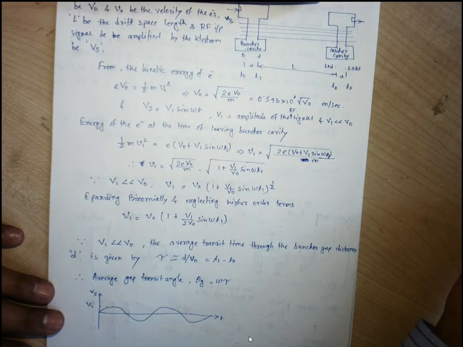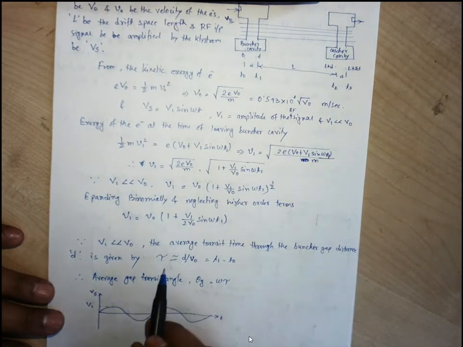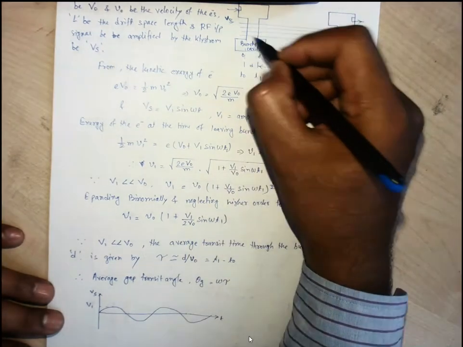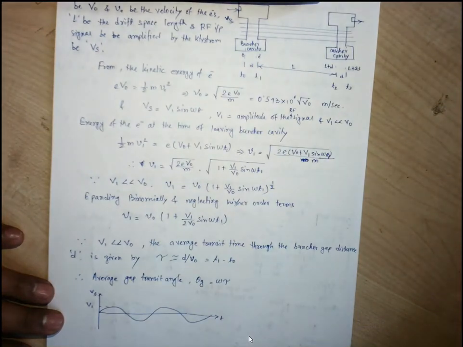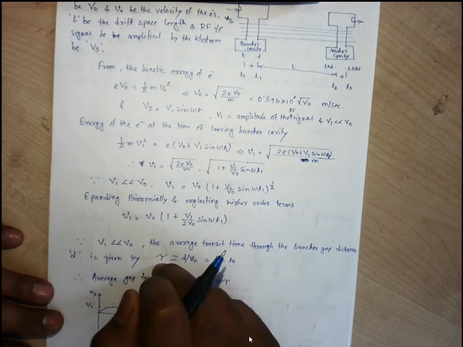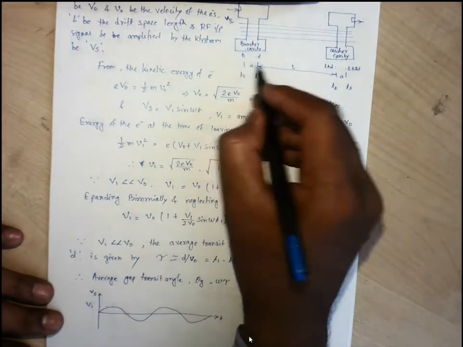Now if the three kinds of electrons which we have considered require an average time of tau, within that time period what is the signal appearing at that gap? So let us consider that tau time period, from T0 to T1.